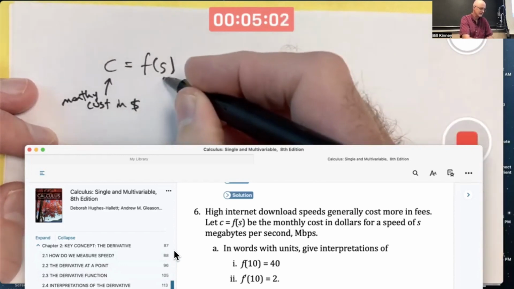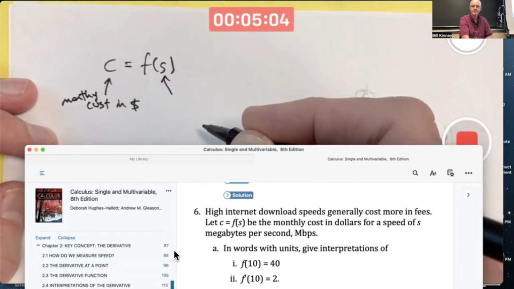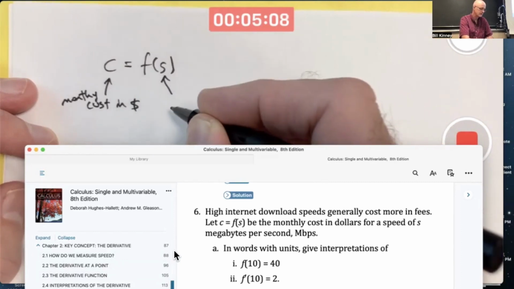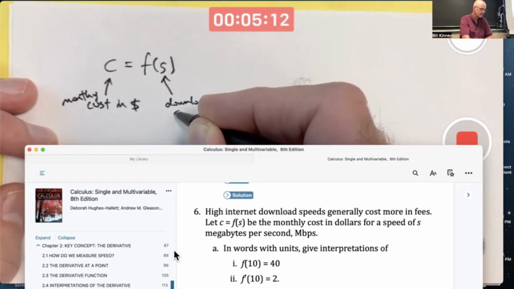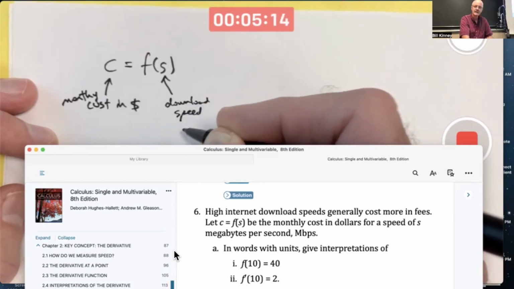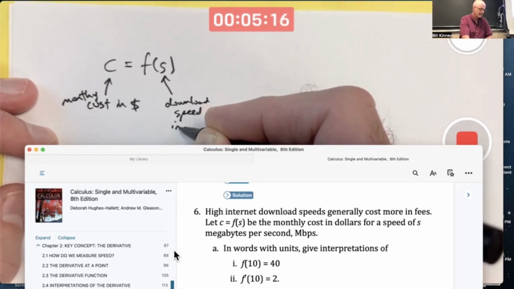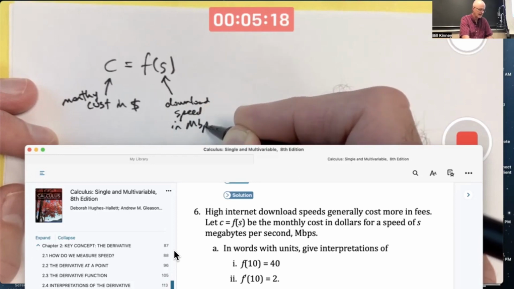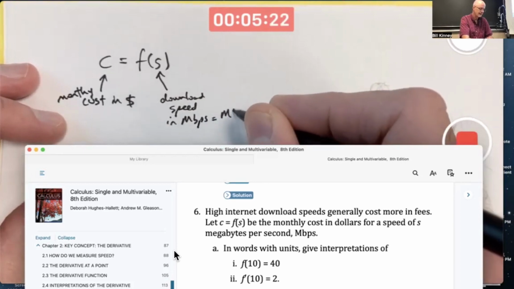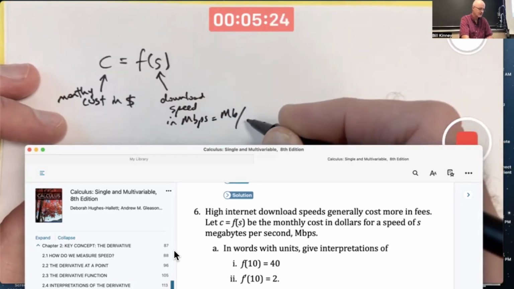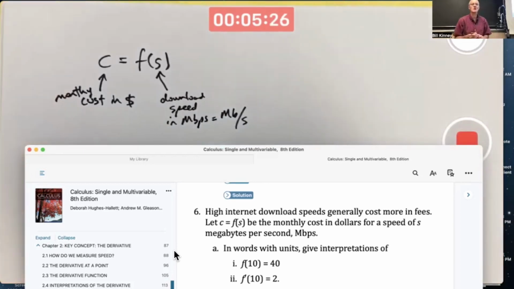S is your internet speed. It does say it's a download speed for your internet in Mbps. That would be megabytes per second. You could also write that as MB/s for megabytes per second.